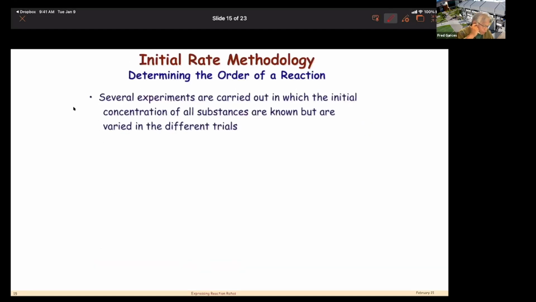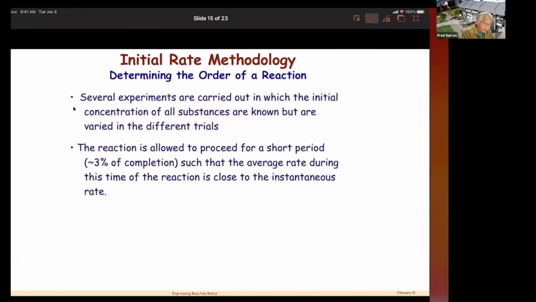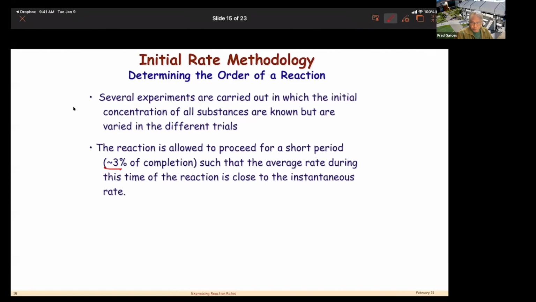Okay, so the key to this particular method is to do several experiments. You can't just do it with one experiment, but you do several experiments in which you vary the concentrations. Okay, and you allow the reaction to take place for a short period of time. Here it says 3 to 4% is fine, but you let it go for a short period of time.